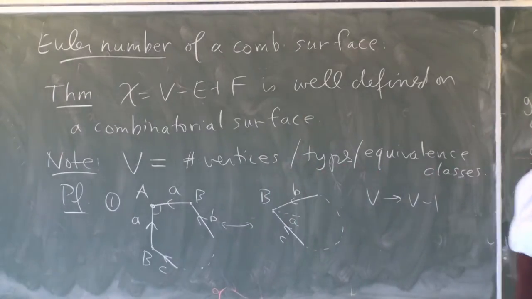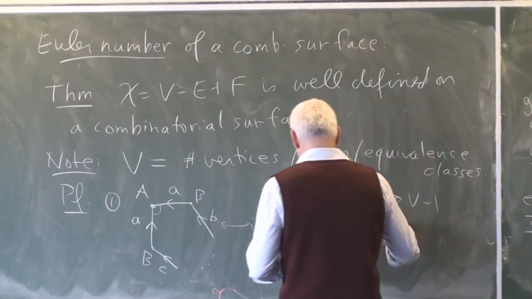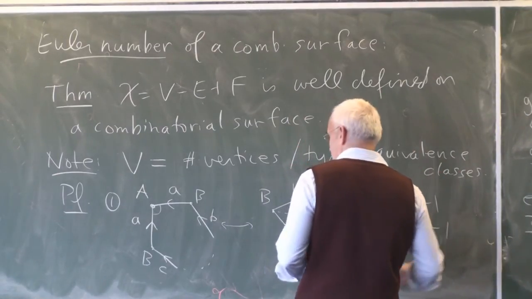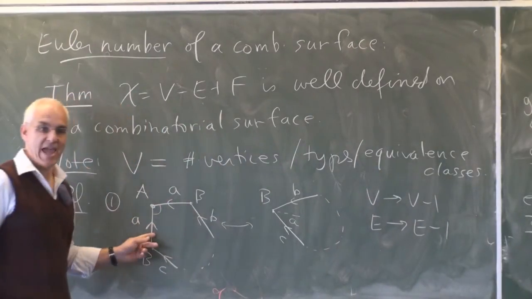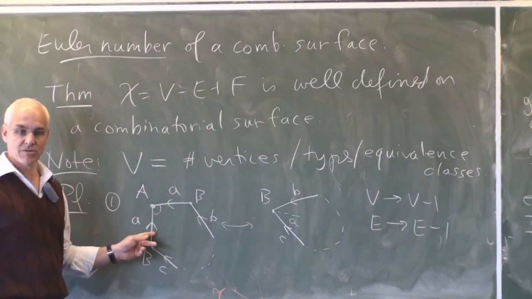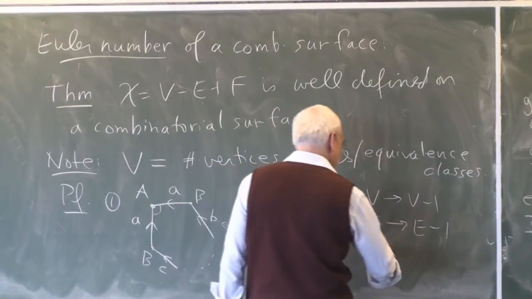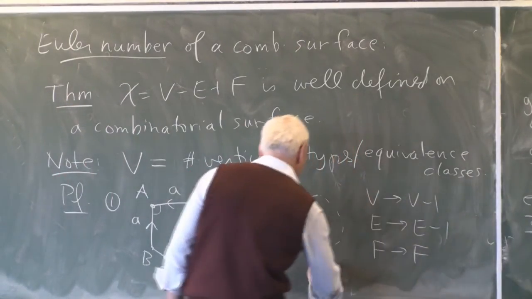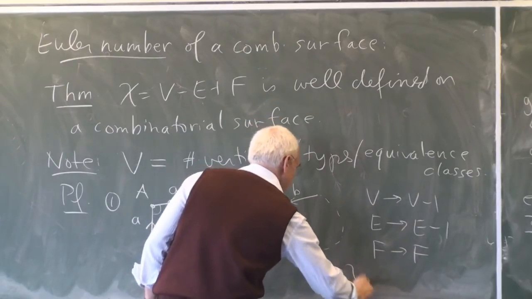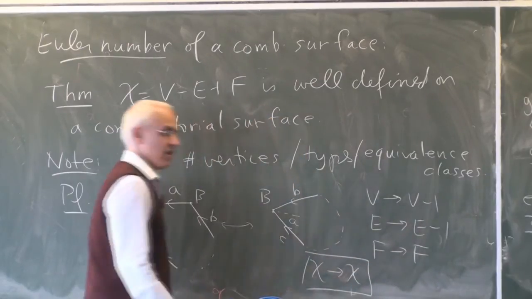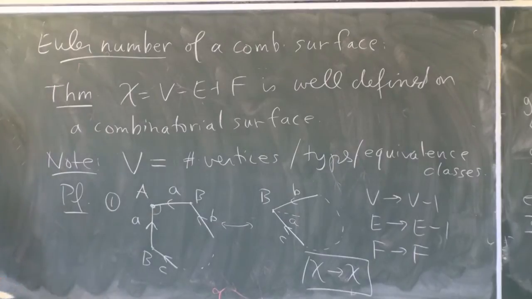We're just losing that A vertex, which was all by itself. The edges are also reduced by one. We're losing the little A edge. The number of faces stays unchanged. And so the chi, V minus E plus F, stays unchanged.